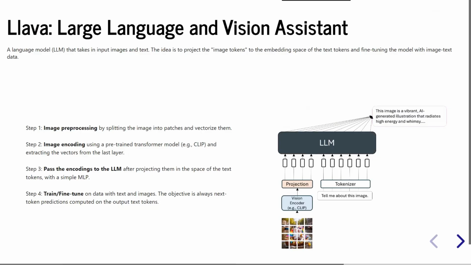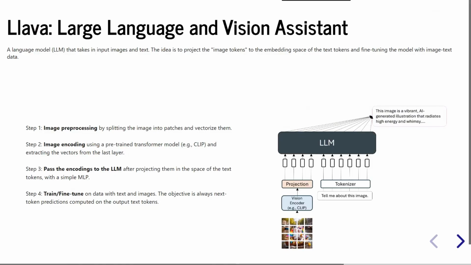So the idea was that we want to project the image tokens that are derived from the different patches, as we saw before, into the same space as the text tokens. And then once we have all these tokens from the two modalities in the same space, we can just provide this sequence as input to the pre-trained text transformer and generate some text.